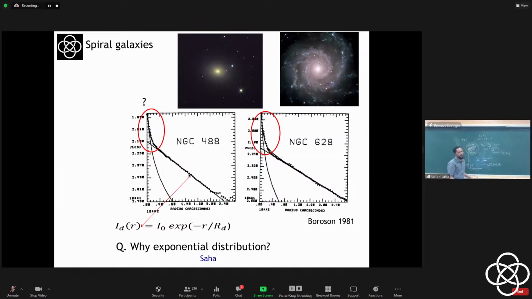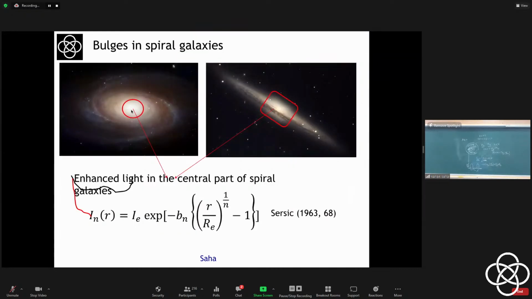So that's why this part follows a straight line, fitting down to the data points. But the central part is different. The central part is basically the bulge of the galaxy, and for bulges, as I said, 1/4 is replaced by 1/n, and n can vary from 0 all the way up to 6 or 7.